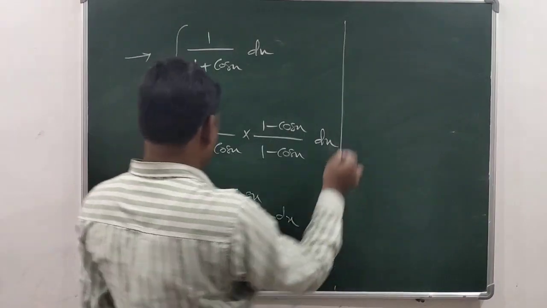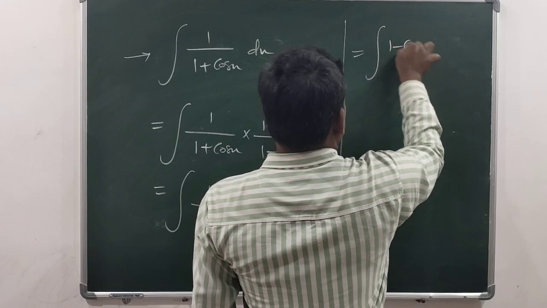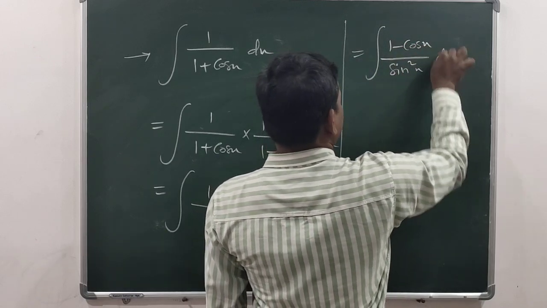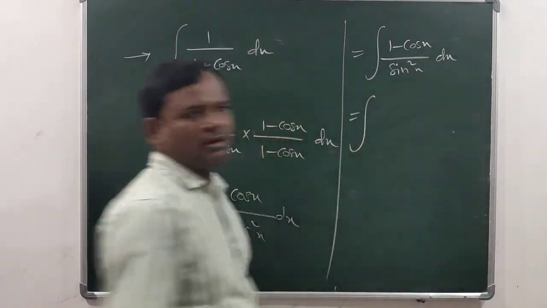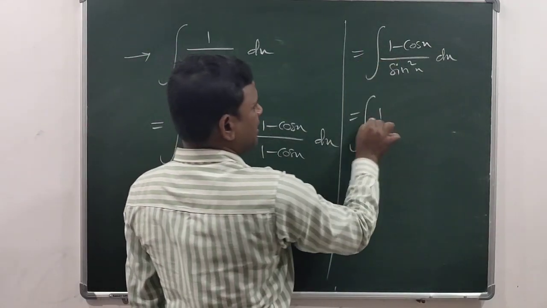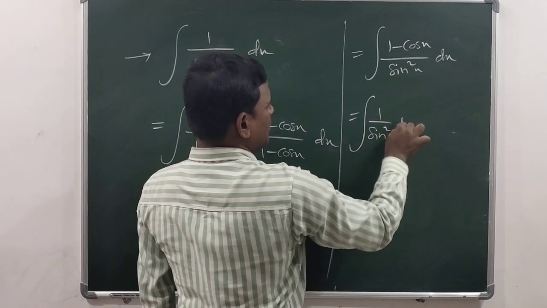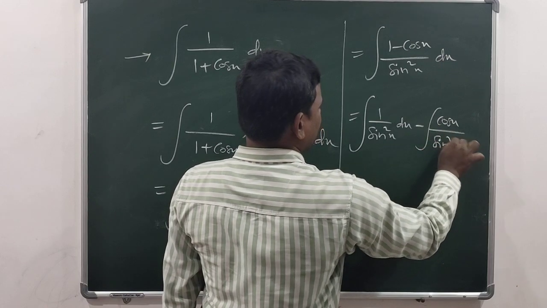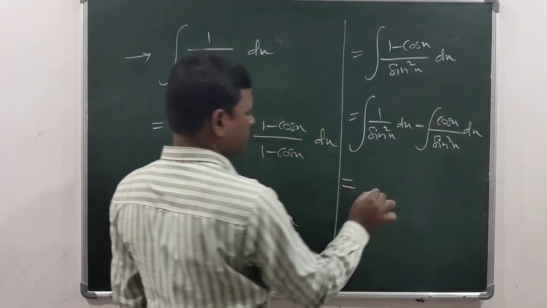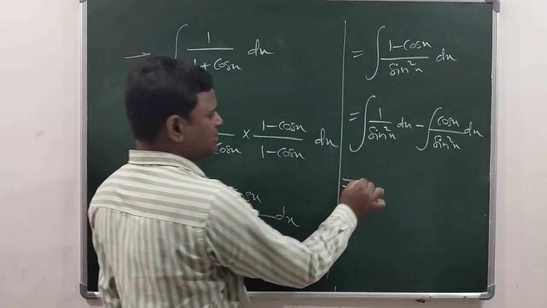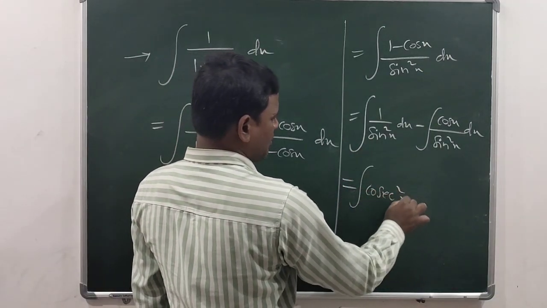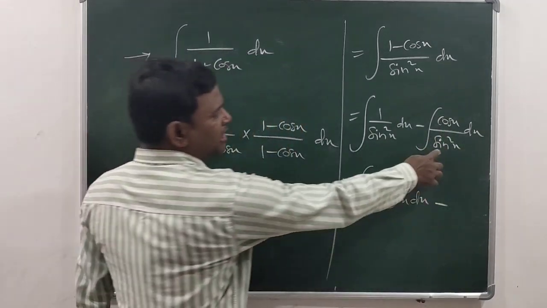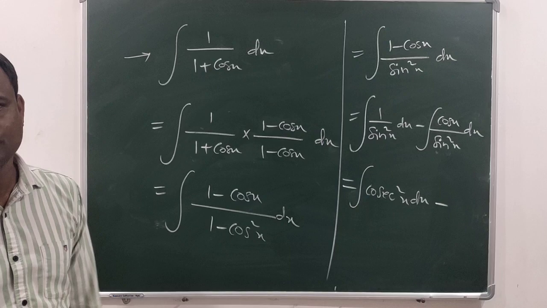Now integral of 1 minus cos x whole by sin square x dx. Now in the next step, integral of 1 by sin square x dx minus integral of cos x by sin square x dx. Now integral of 1 by sin square x can be written as cosec square x dx minus, here sin square x, split it as sin x into sin x.